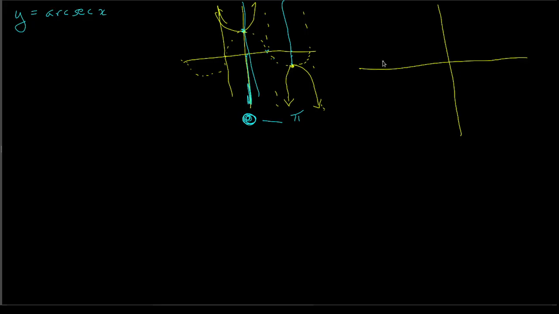to visualize. First off, the domain for the secant function, one period without repeats is going to be between 0 and pi. But we have to realize this domain is broken by pi over 2.